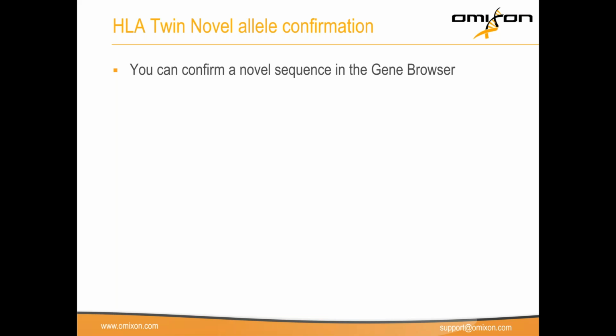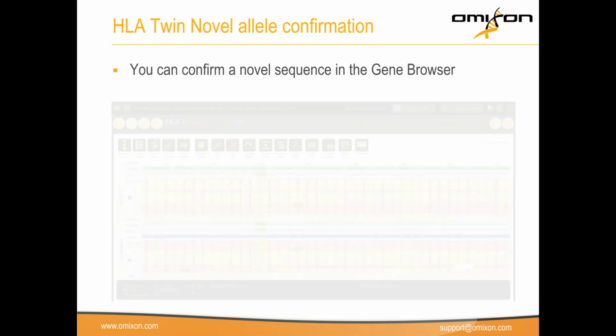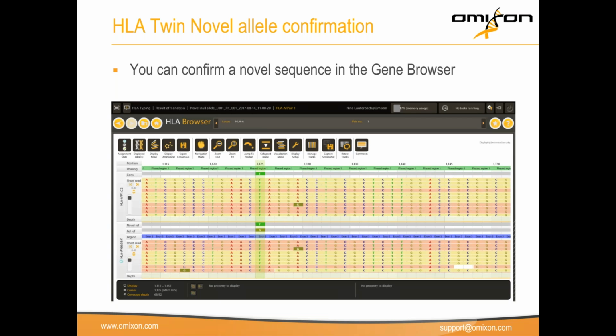So in case you get a novelty alert in the typing, then you can go directly to that position in the software as highlighted here. You can see that novel positions are highlighted. So here, for example, you saw that the software has found the best match, the HLA 6603.